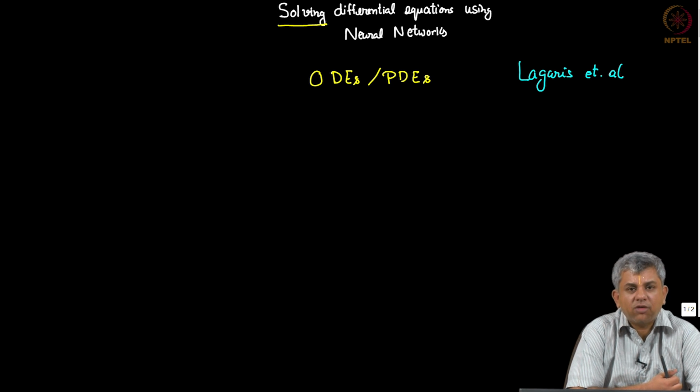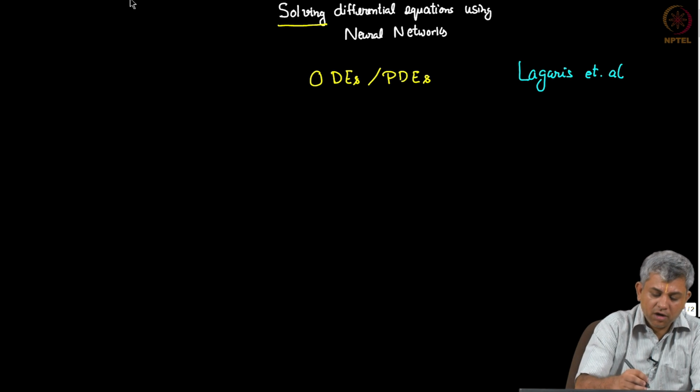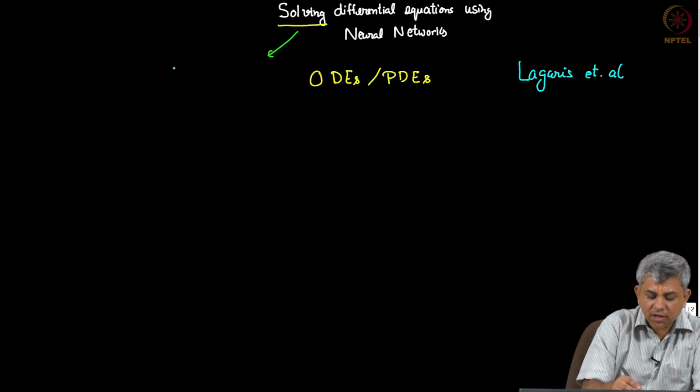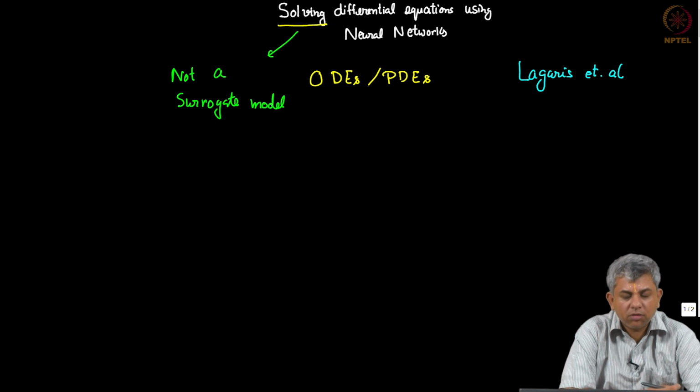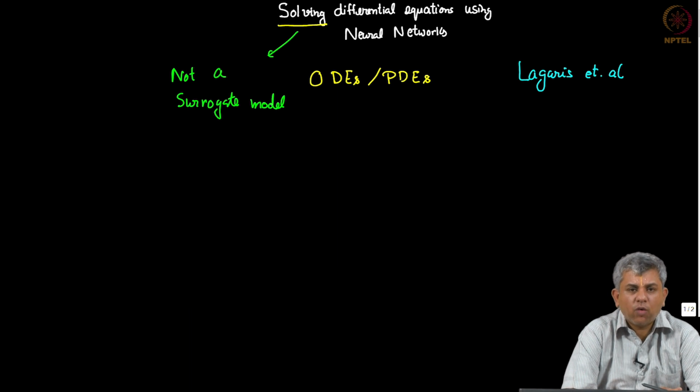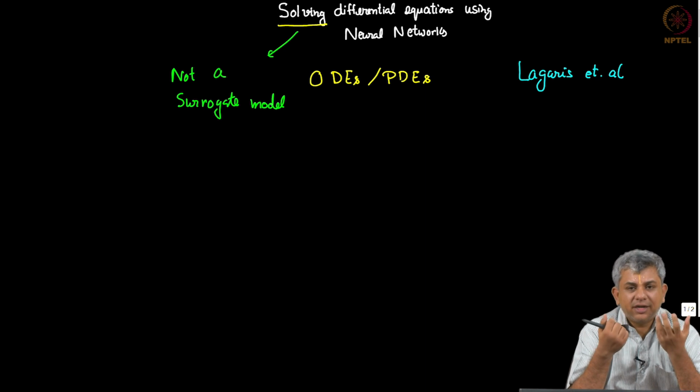The reason for including this, A, of course, is ODEs and PDEs affect us completely within engineering and science. B, this is very different from the other applications that we have seen so far. In fact, this is not a surrogate model. Remember in the CFD video, I had shown you how differential equations are discretized, using the finite difference method we make an approximate equation.